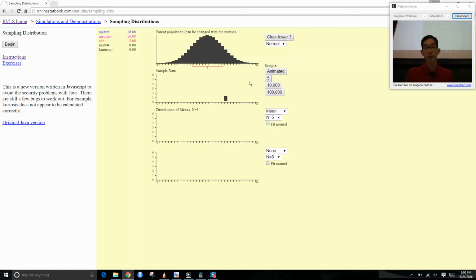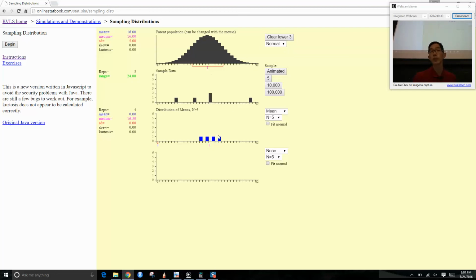Okay, what happens if I take samples of size 5? Here I'm going to take 1, 2, 3, 4, 5. I'm going to average these 5 numbers, and that ends up right there. Another 1, 2, 3, 4, 5. I take the average of these 5 numbers, and that ends up right there. Again 1, 2, 3, 4, 5, and the average ends up right there. And again.